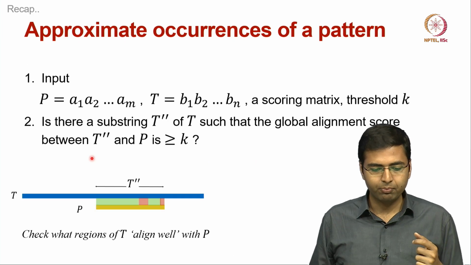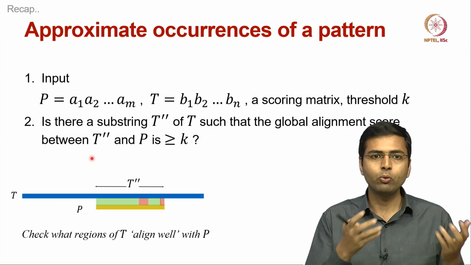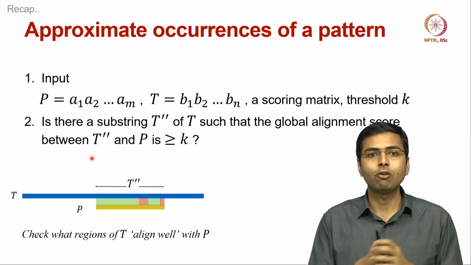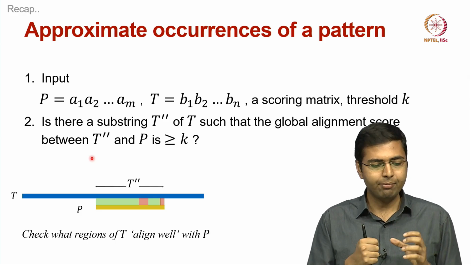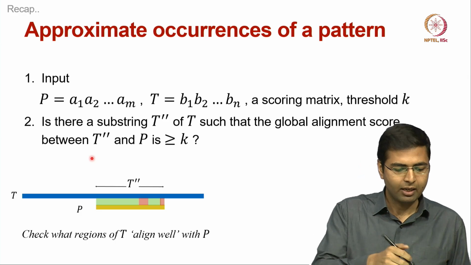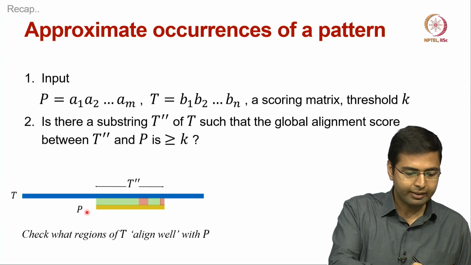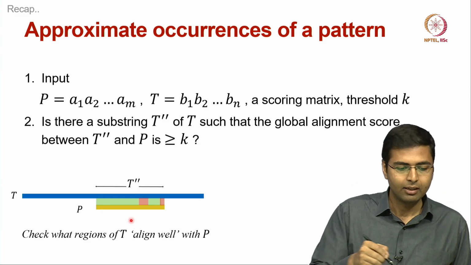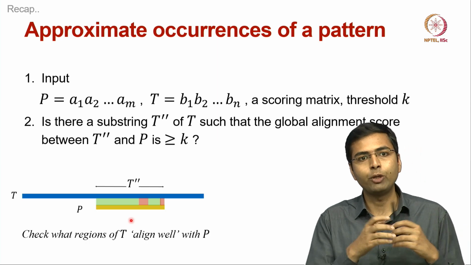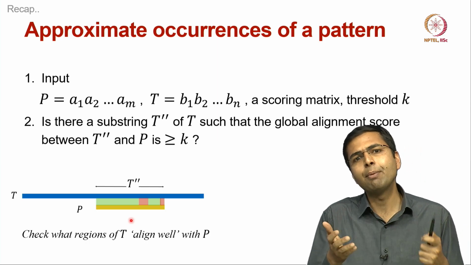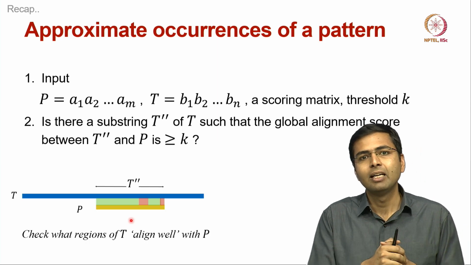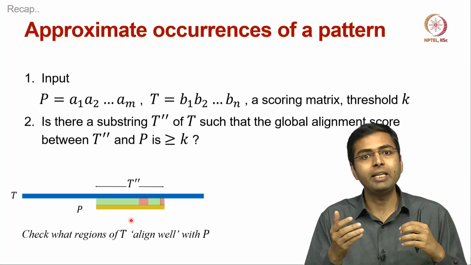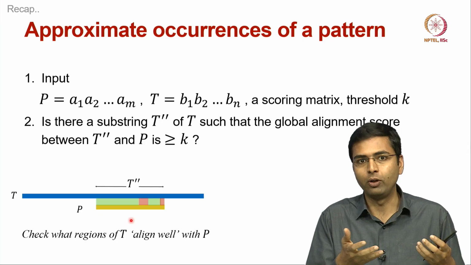Based on this idea, we also looked at dynamic programming techniques and then we solved for approximate occurrences of a pattern. This time the change was that we were looking for a region inside the text in which the pattern would align well. The way to formulate this question was: is there a substring T double dash of T such that the global alignment score of T double dash and P is exceeding a certain threshold.